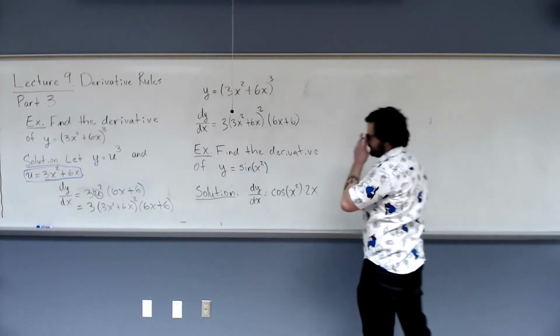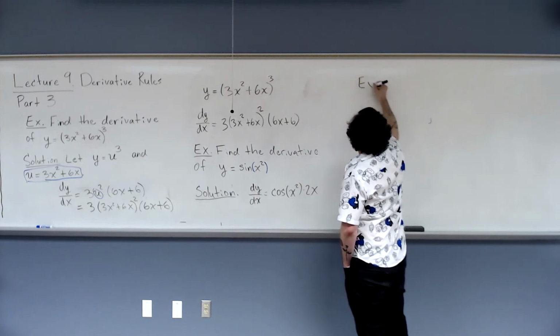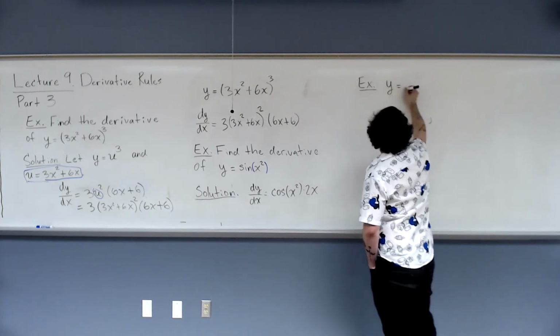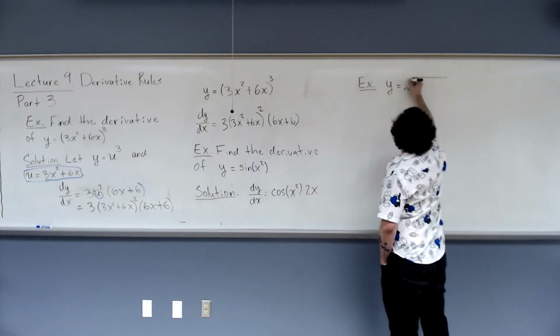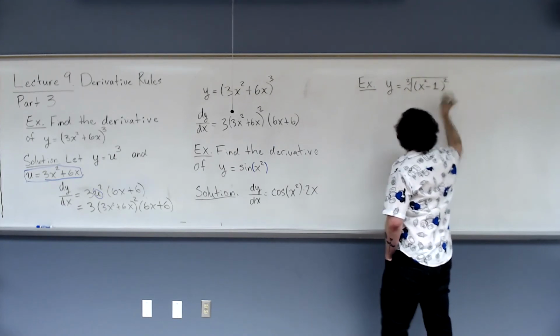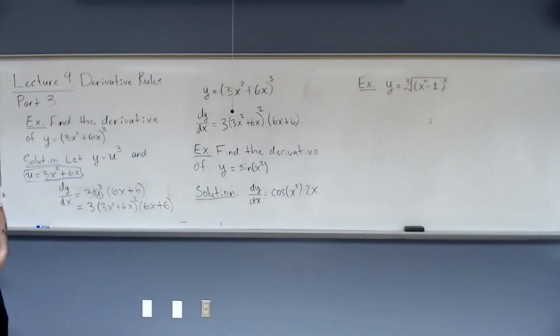For the sake of time, I'm not going to find the derivative. You know what we're doing. y is equal to the cube root of x squared minus 1, all squared. Is there a square in there? I guess so.